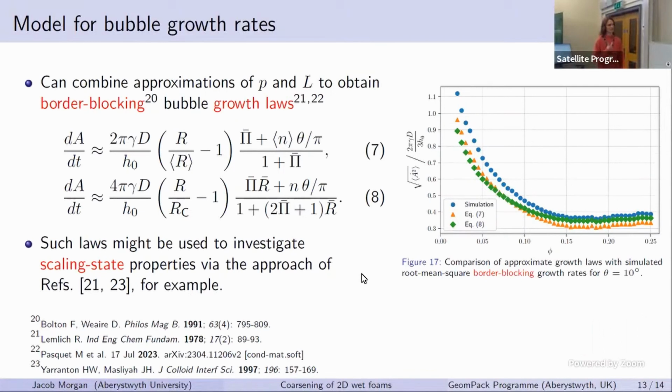I think so. The final pre-conclusion slide is about combining the analytical approximations together in order to get approximate growth laws. So what one does is take the bubble growth rate to be proportional to the pressure difference of the bubble from its neighbors.